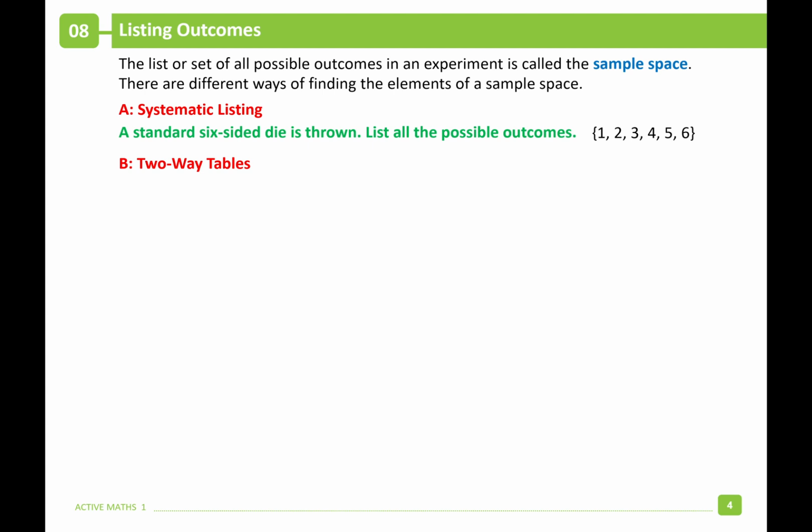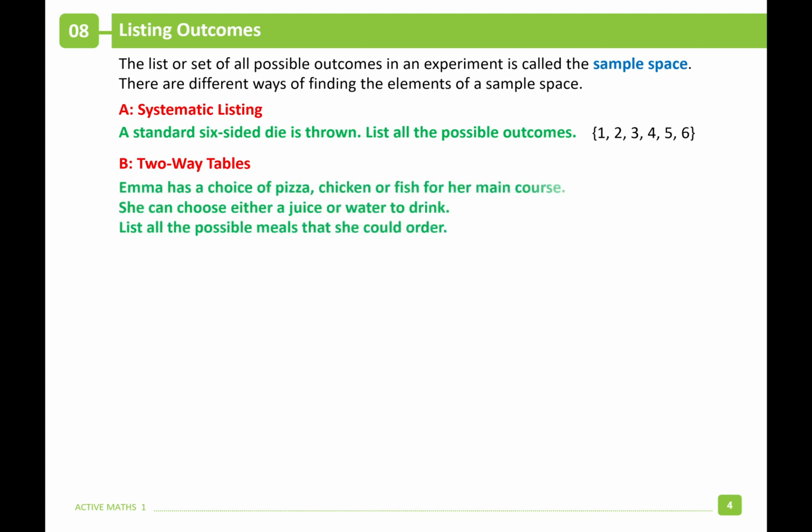Our other way of showing all of the possible outcomes are two-way tables. For example, Emma has a choice of pizza, fish, or chicken for her main course. She can then choose either juice or water to drink. We want to list all of the possible meals she could order.